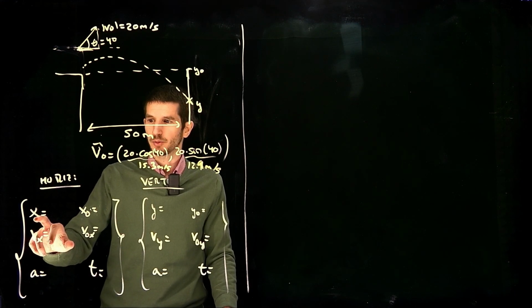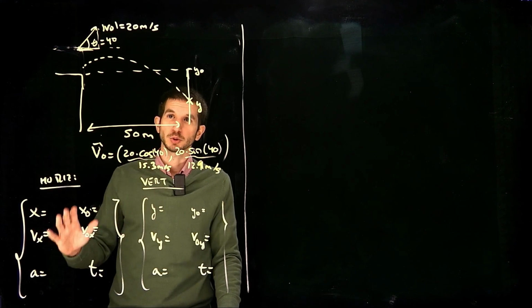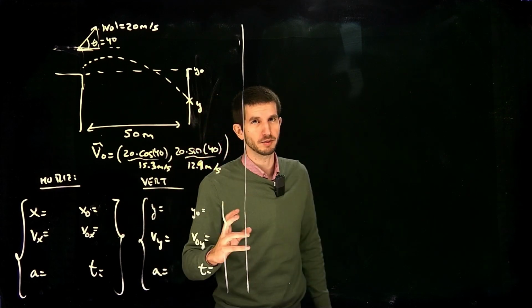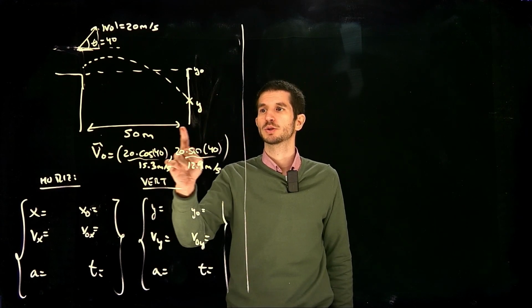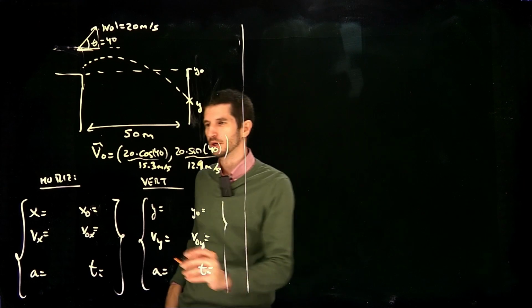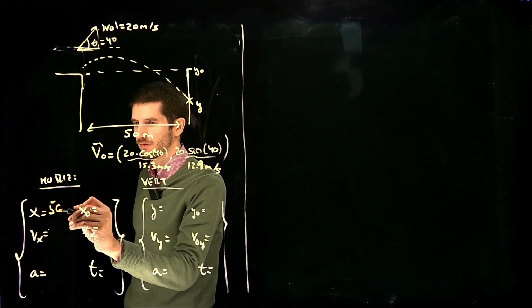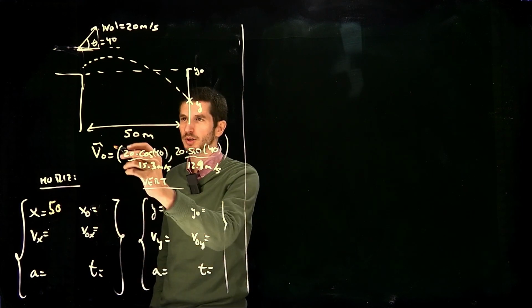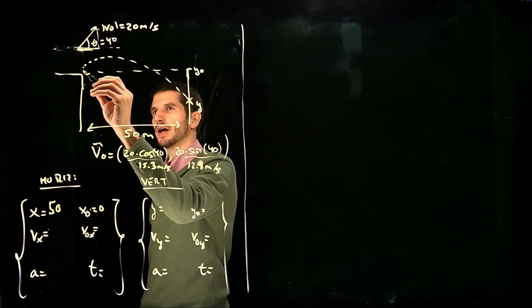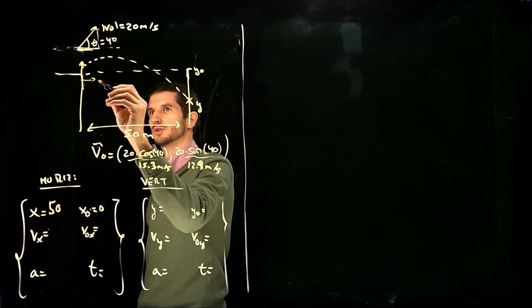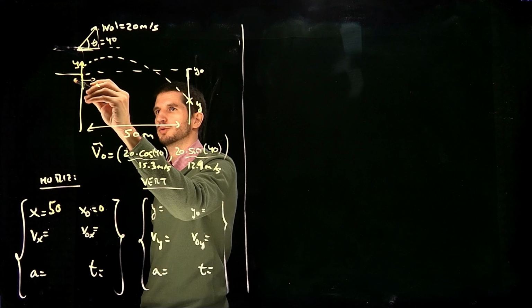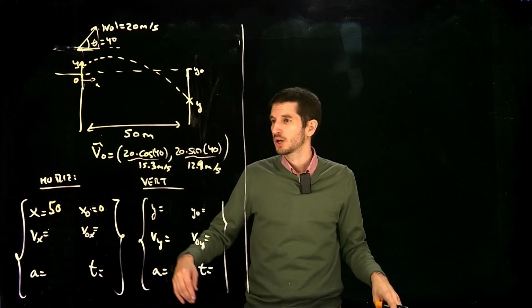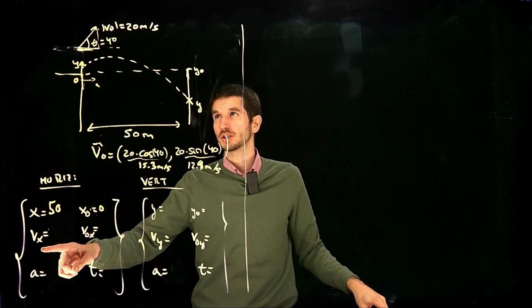So what's the final position in this horizontal motion? In this particular example, we've been given the final position because we're asking what's going to happen at 50. So we can just write it right here, 50. And what's the initial position? Well, let's take it at 0. Let's write our axes here, this is x and this is y, and we take this to be 0, the origin of coordinates. Okay, so what's the final velocity?